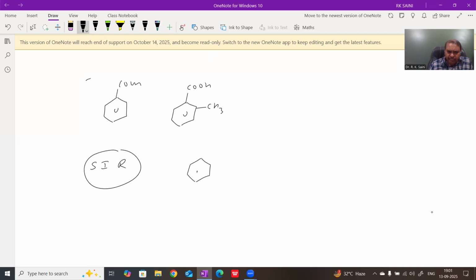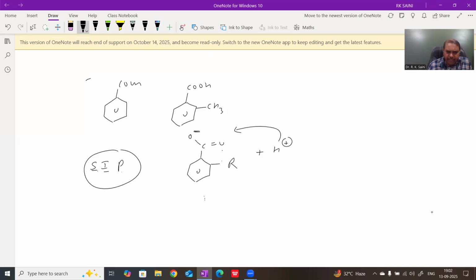When a bulky group or atom is present at the ortho position, then they repel each other, or we can say this conjugate base has less affinity toward the proton, meaning steric inhibition of protonation or resonance.